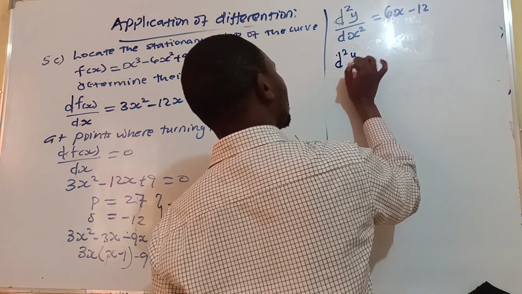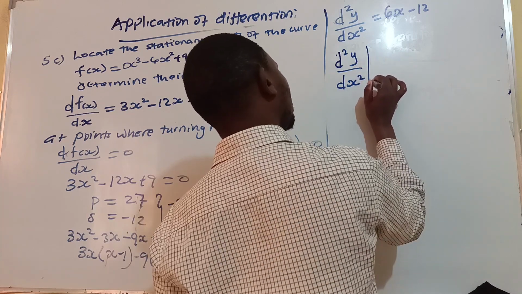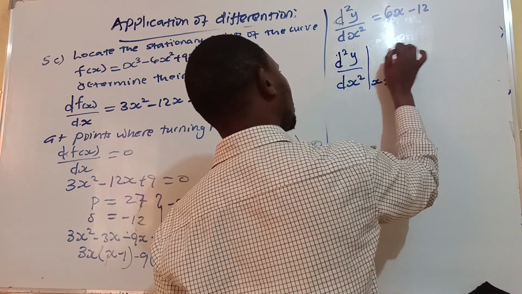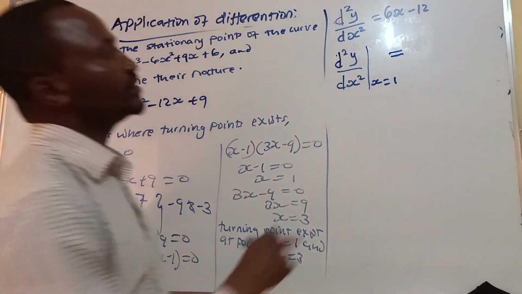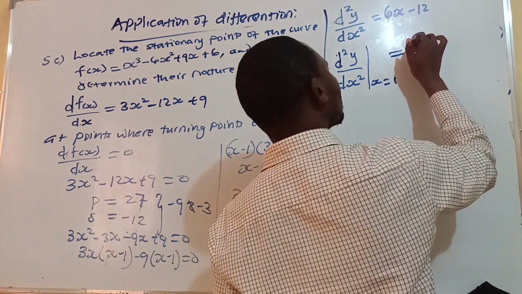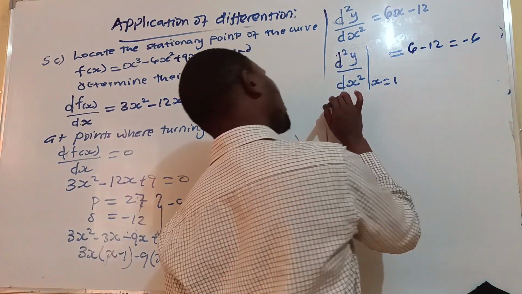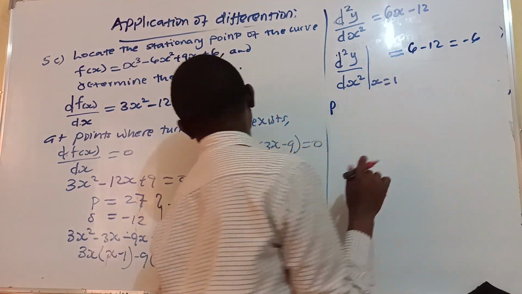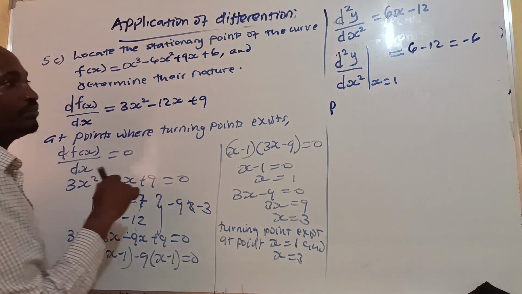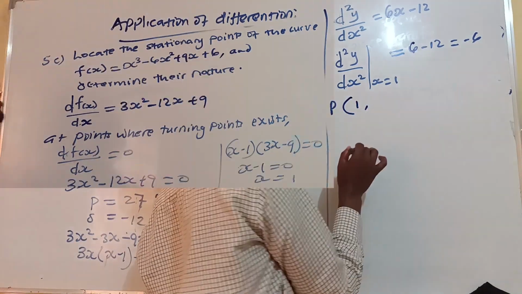The second order derivative of function at point x is equal to 1 is equal to what? This is 6 minus 12, that is negative 6. So this is a maximum point. But we can get the value of y in this case, at point 1, comma.